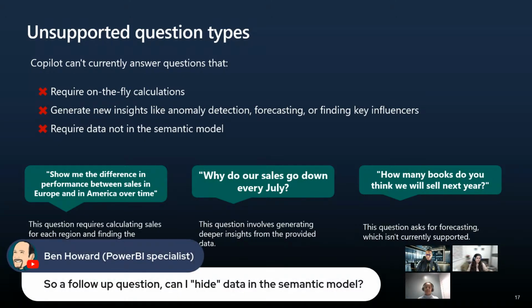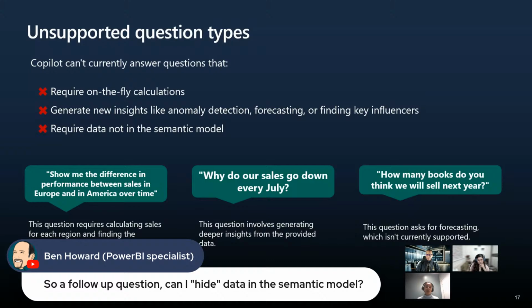So just following on from Ben's initial question, can he hide data in the semantic model? Hide data, that means are you trying to hide table? Yes, so it goes back to around protecting data in the semantic model. So again, I'll try and elaborate on this on Ben's behalf. Ben, if I'm incorrect, please let me know. So can we direct Copilot to only see certain data within the semantic model as opposed to the entirety?